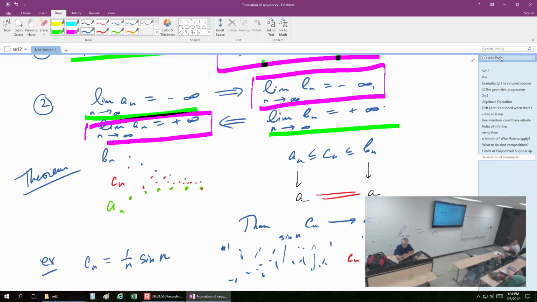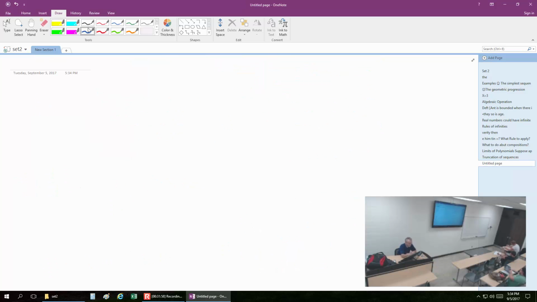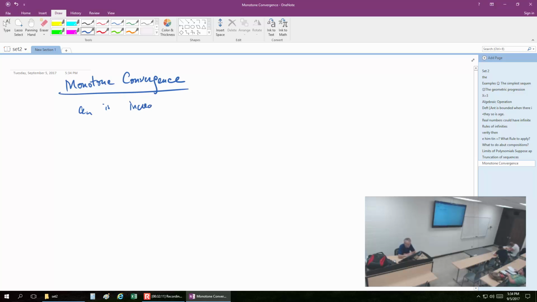Here's one: an important theorem, monotone convergence. So An is increasing or decreasing. In other words, An is less than or equal to An plus 1.